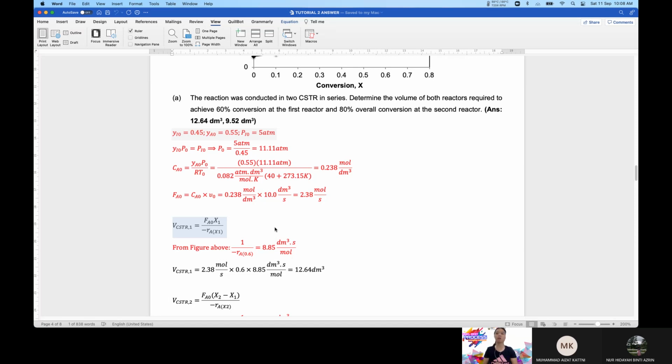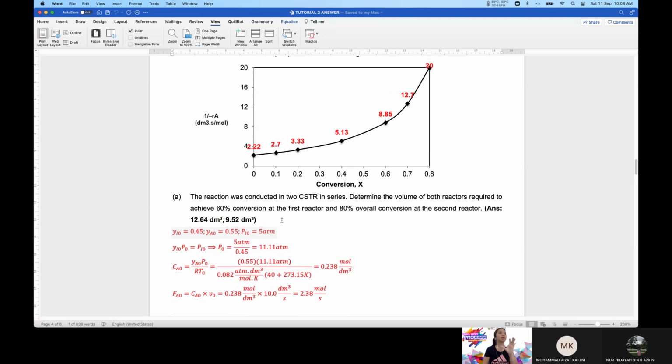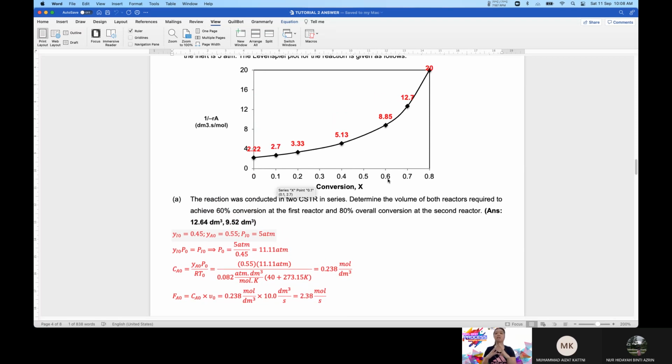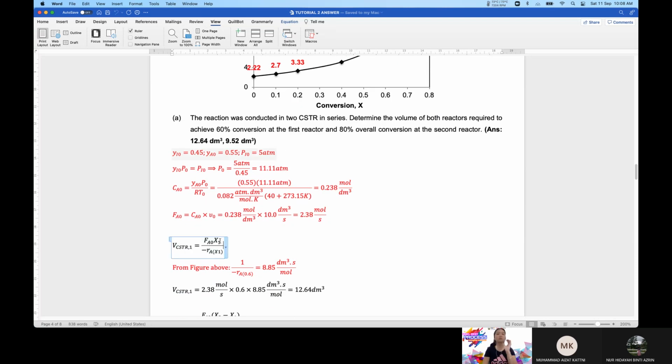Bila tahu X1, minus RA pun dah tahulah sebab menggunakan Levenspiel plot. Levenspiel plot cakap bila X 0.6, 1 per minus RA dia adalah 8.85. Jangan lupa, 1 per minus RA dia 8.85 when my X 0.6. So X1 dah tahu, minus RA pun dah settle.